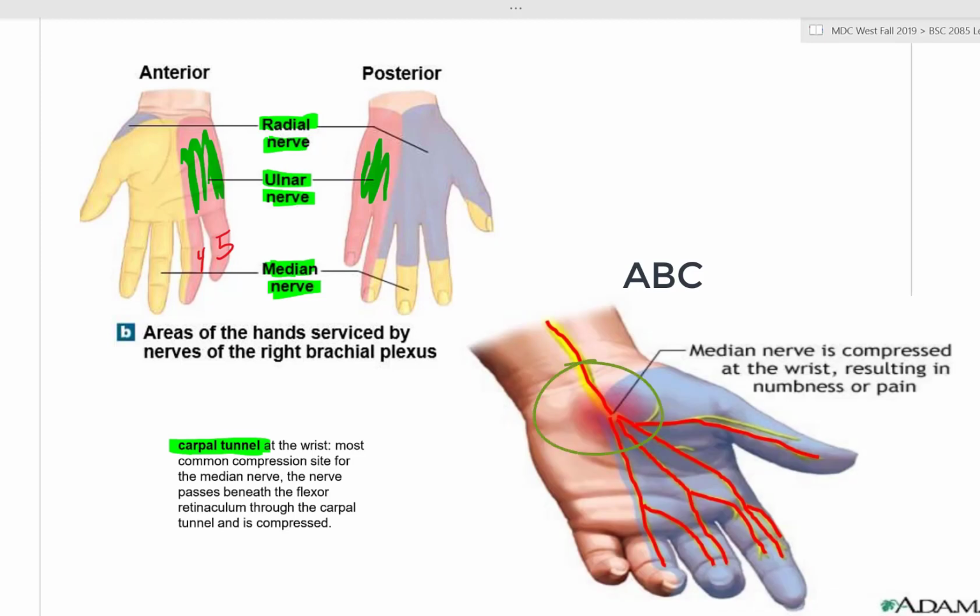The most common compression of the median nerve is where it passes under the flexor retinaculum, and that gives you carpal tunnel syndrome, which is a tingling sensation of most of the fingers in your hand. Especially number 1 through number 3. Have you ever had any tingling sensation or numbness of these 3 fingers? That's the median nerve, right?